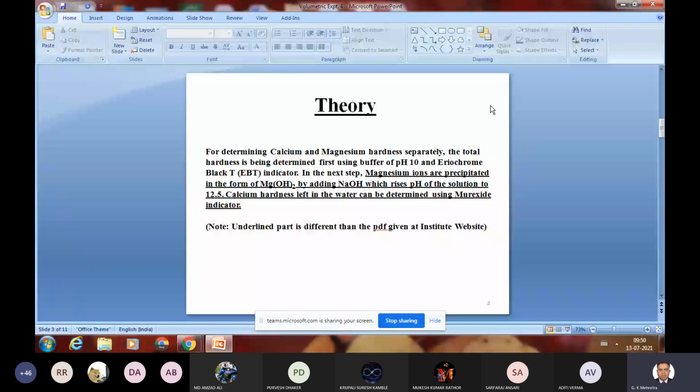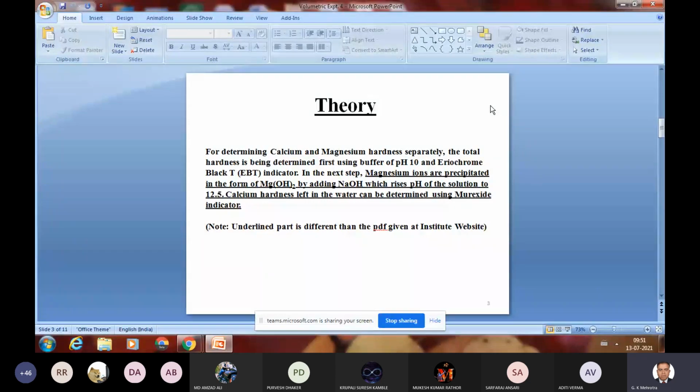Calcium binds more firmly with EDTA compared to magnesium, and magnesium binds more firmly with EBT, the indicator, than calcium. That is also very interesting chemistry.